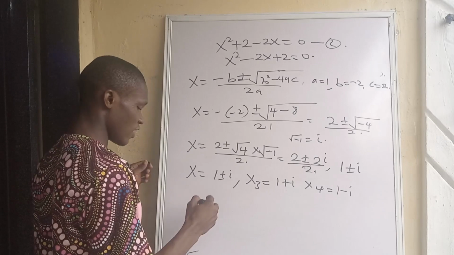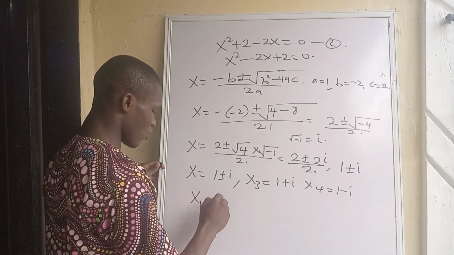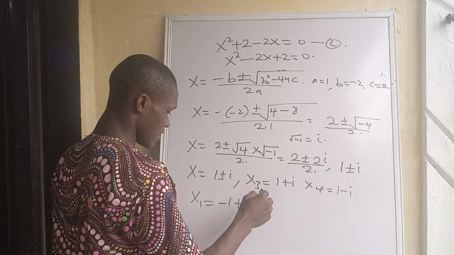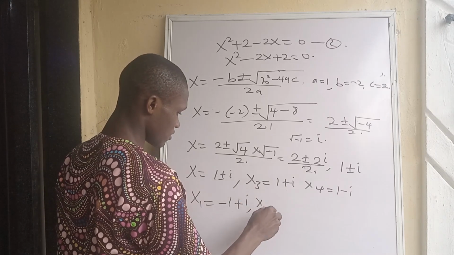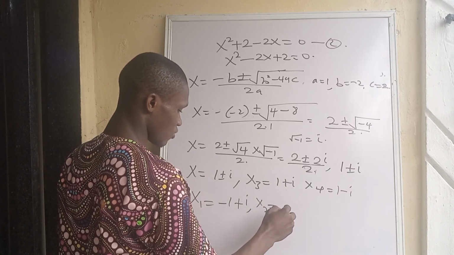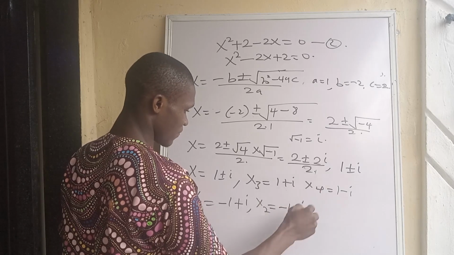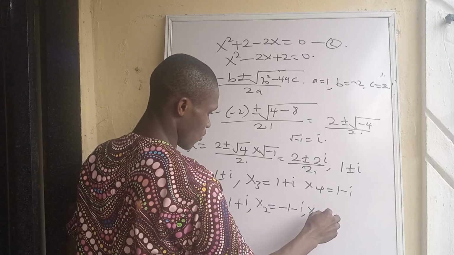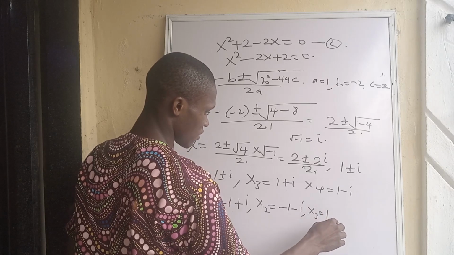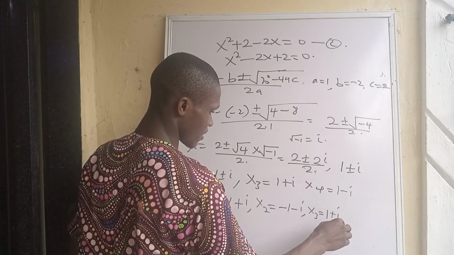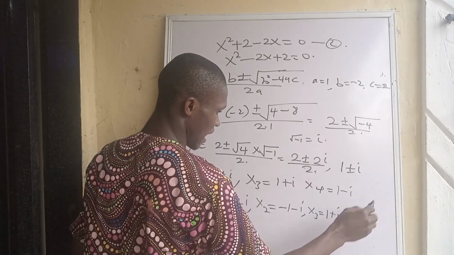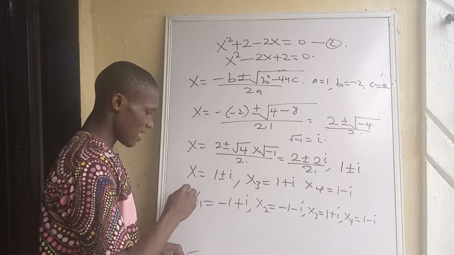Like I said, the first value for x is x1 equals minus 1 plus i, the second value equals minus 1 minus i, the third value equals 1 plus i, and the fourth value equals 1 minus i. So these are the answers for x.